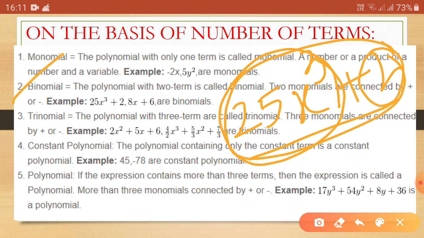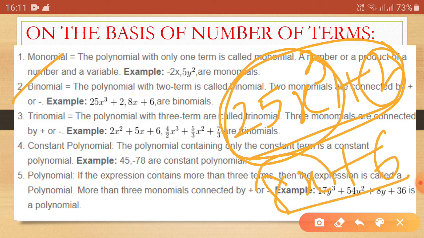Okay, if I write 8x plus 6, here also we have two terms. One is 8x, another one is 6. So 6 here is constant. So 6 is known as a term, and 8x also is known as a term. These two terms are combined using the addition sign. So all these are examples of binomial.